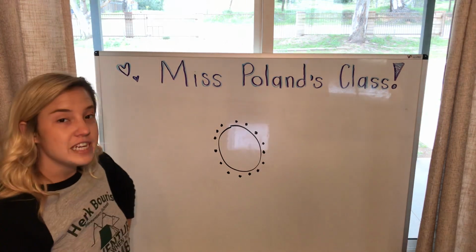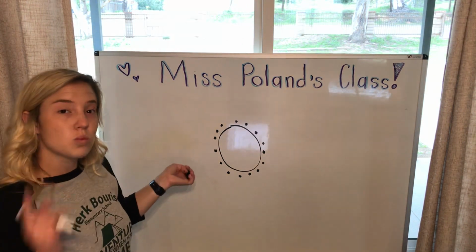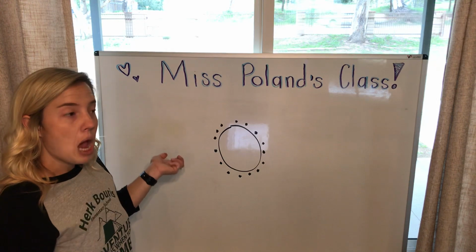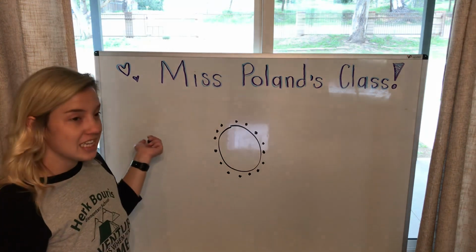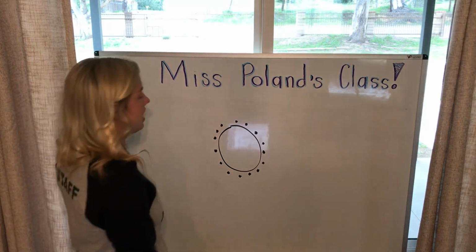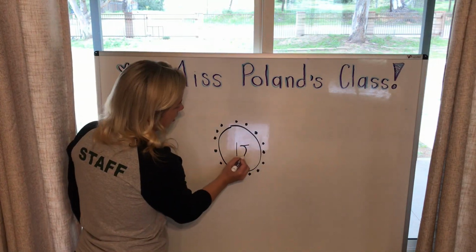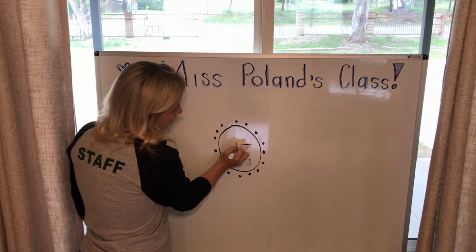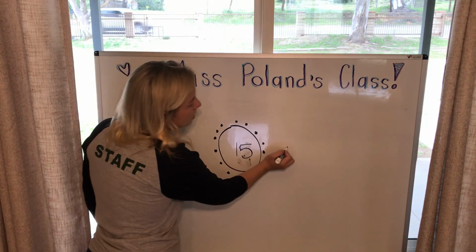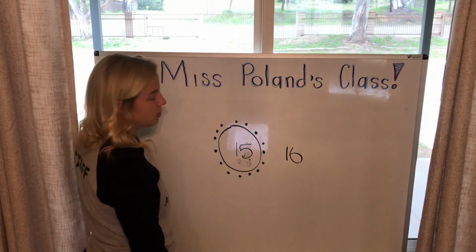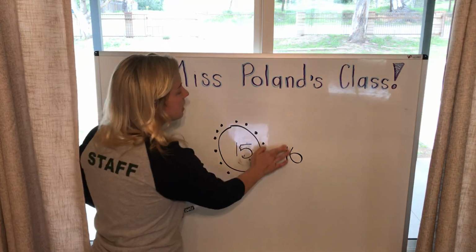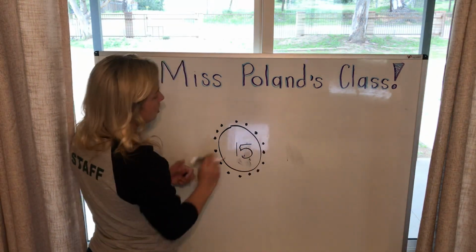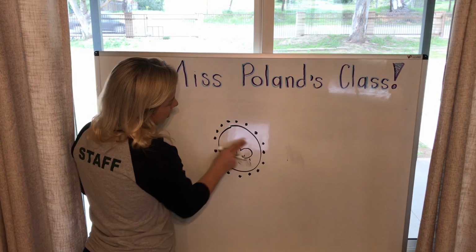So that's 15 dots. Do you guys know what is one more than 15? If you know really easily, then you can just go ahead and write it. So this is 15. And Miss Poland knows that 15 and 1 more is 16. That's what comes next. Okay, but if you didn't know that, then you could just go ahead and draw one more dot.